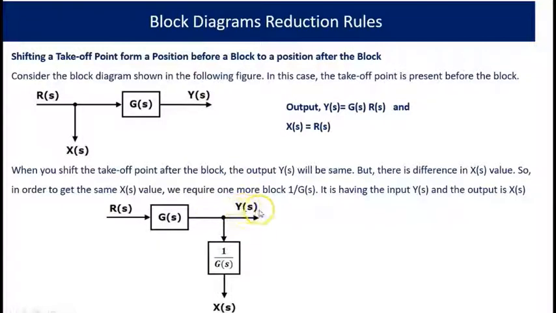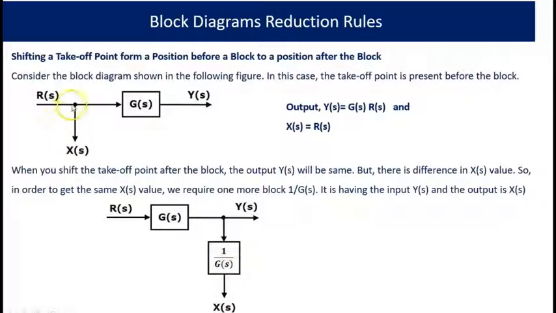Y(s) is equal to the same G(s)R(s), but X(s) is different. Actually here the value is R(s)G(s), but X(s) should be equal to R(s) only. So we have to eliminate this G(s), so we have to add a block with the transfer function 1/G(s).